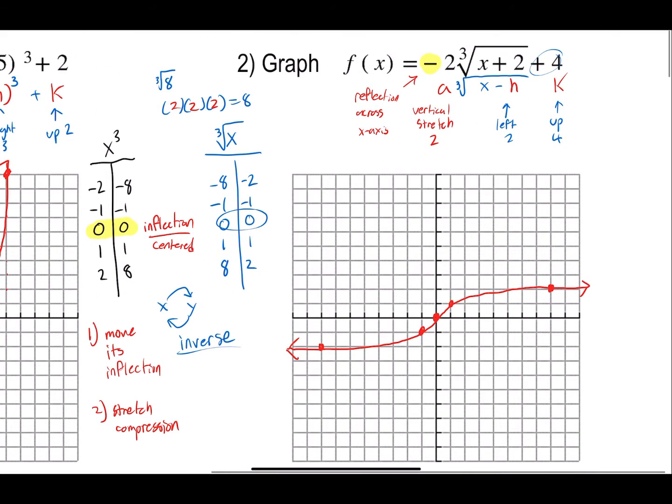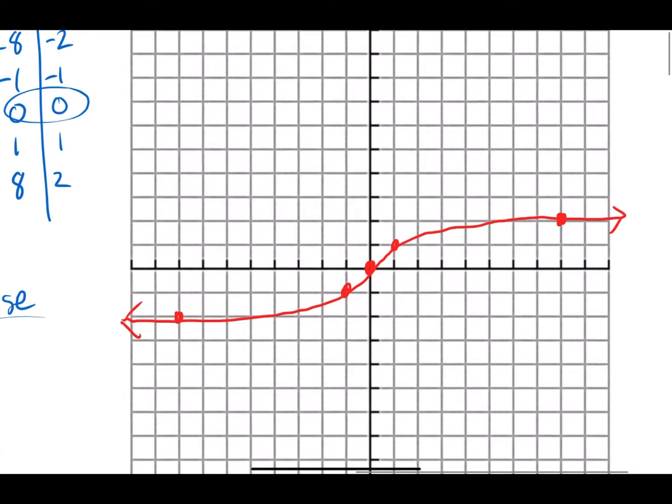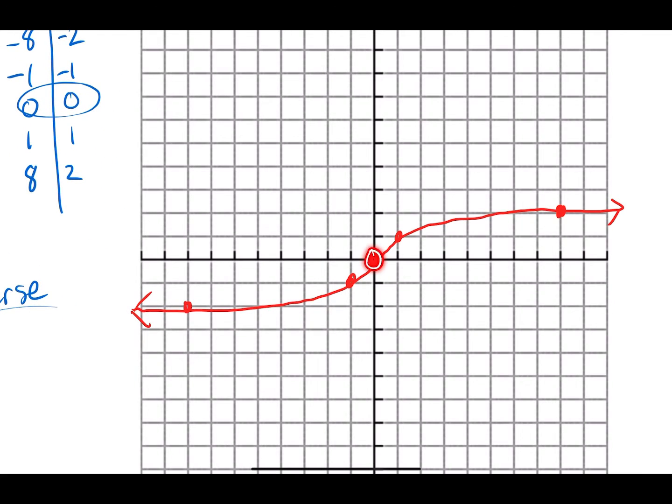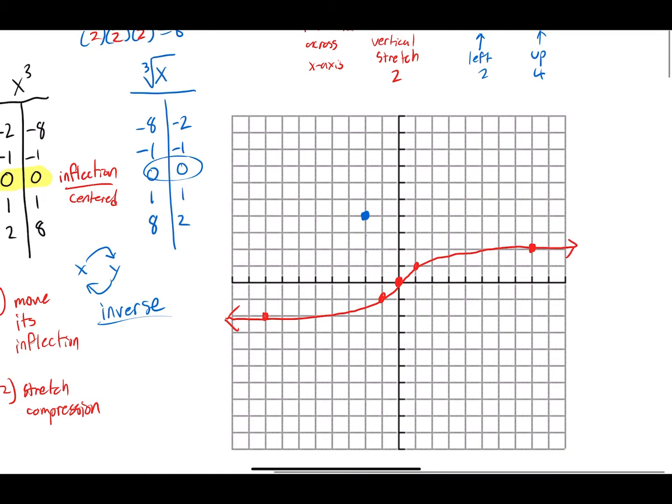So, always begin step 1, move its inflection point, move its center. So we're going to start with left 2, up 4. Its brand new center from 0, 0 is going to go left 2, 1, 2, up 4, 1, 2, 3, 4. And then you ask the question, did we stretch or compress it before we draw the usual points?